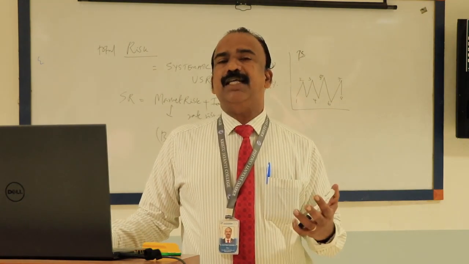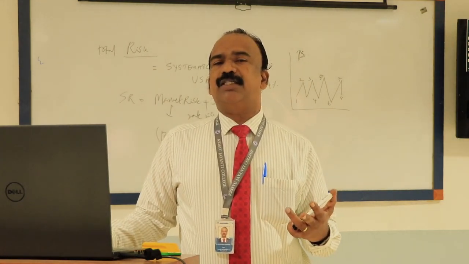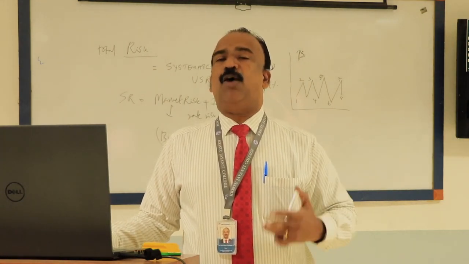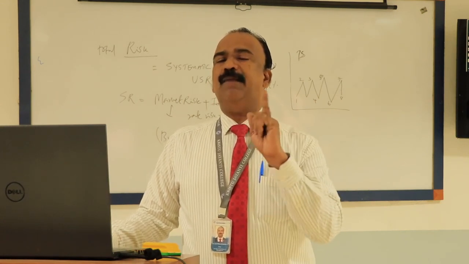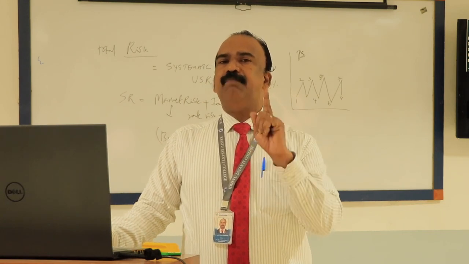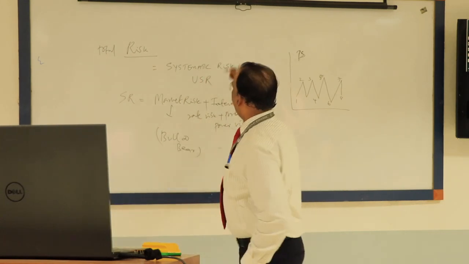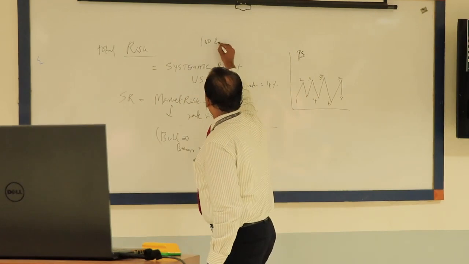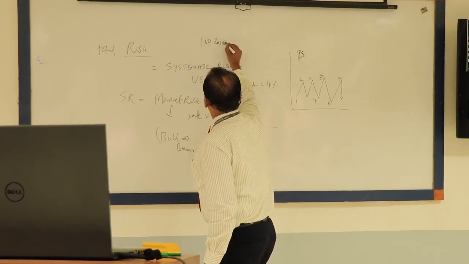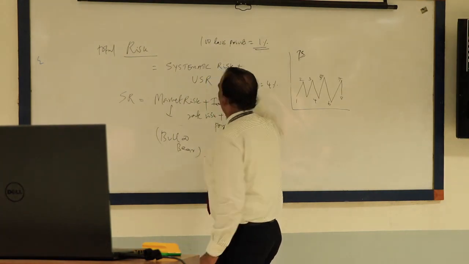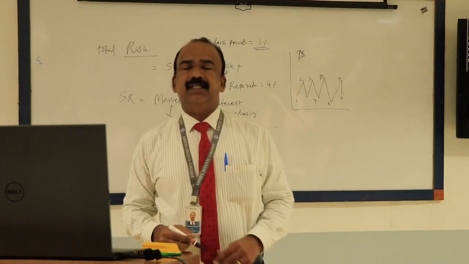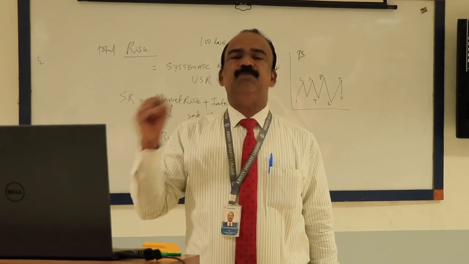So always, whenever the RBI governor talks, he talks in terms of basis points. So please remember, 100 basis points is equal to 1%. So he reduced 40 basis points.